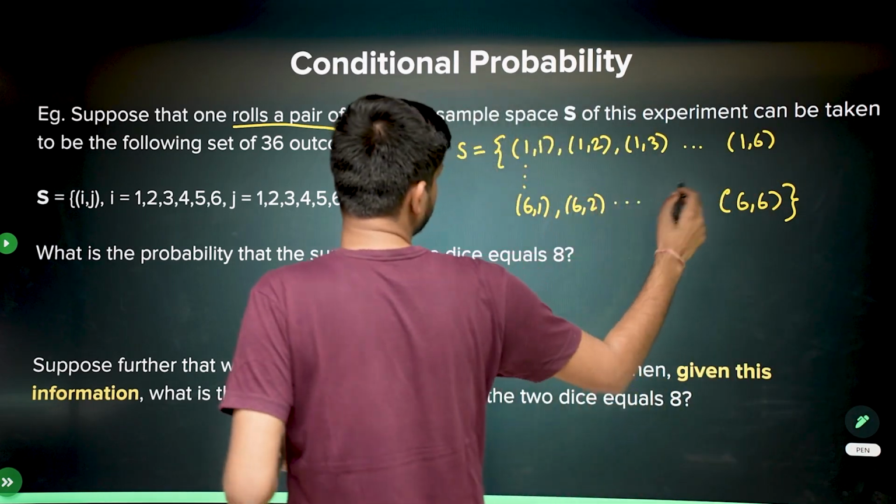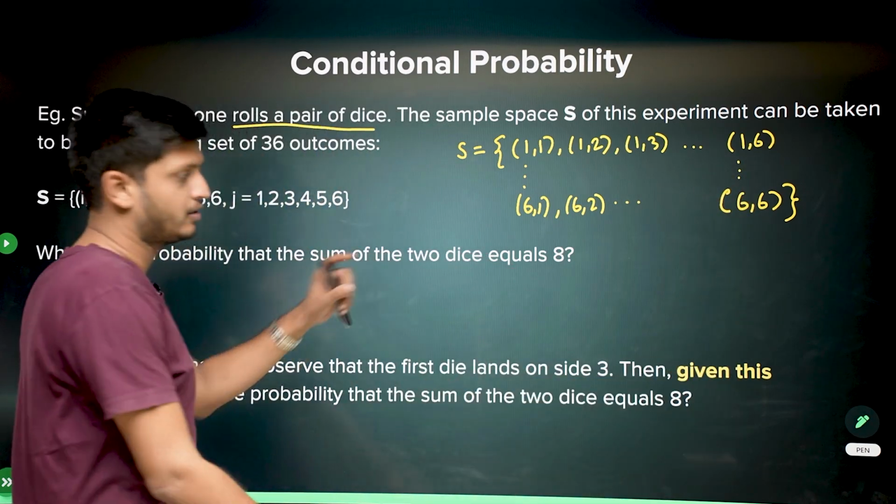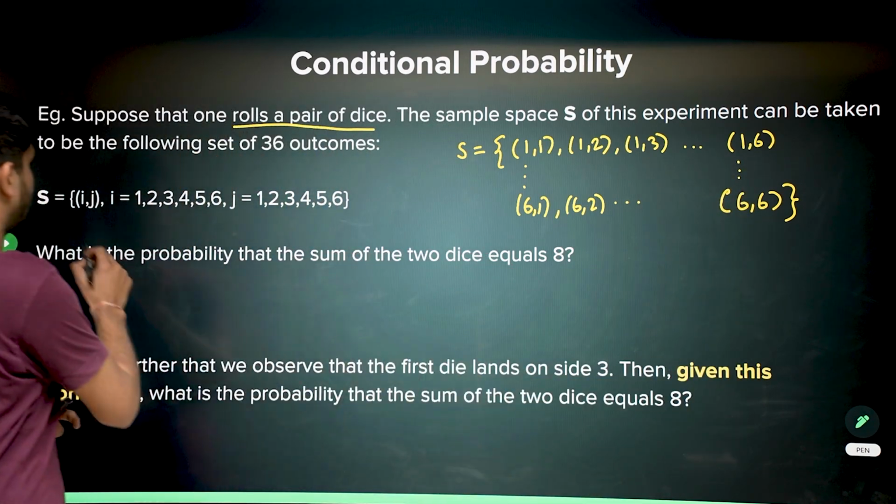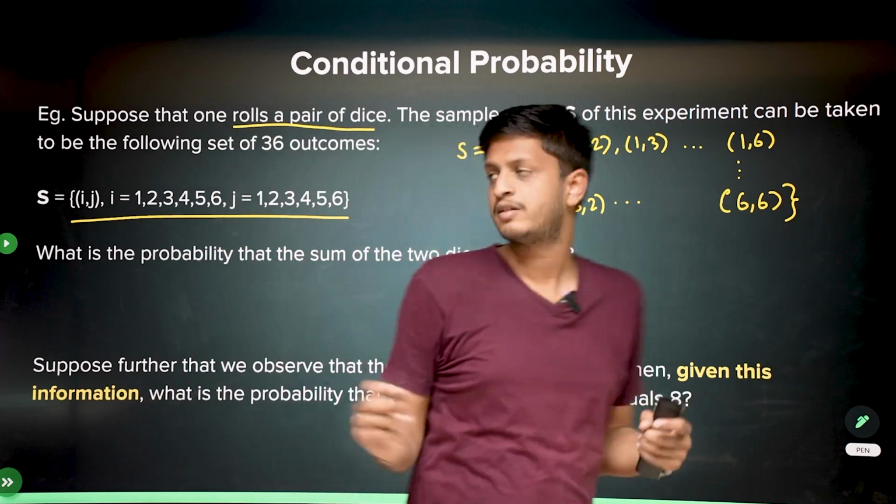These are all 36 outcomes possible, right? So they can be written like this in set notation as well.